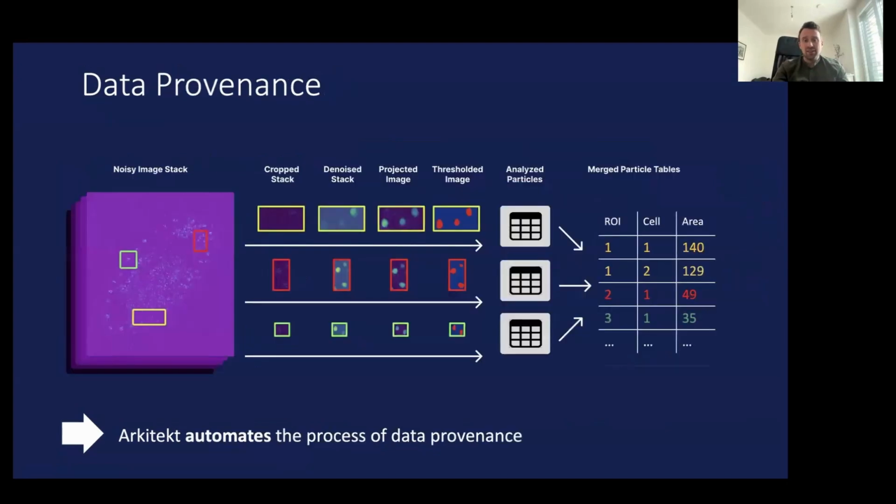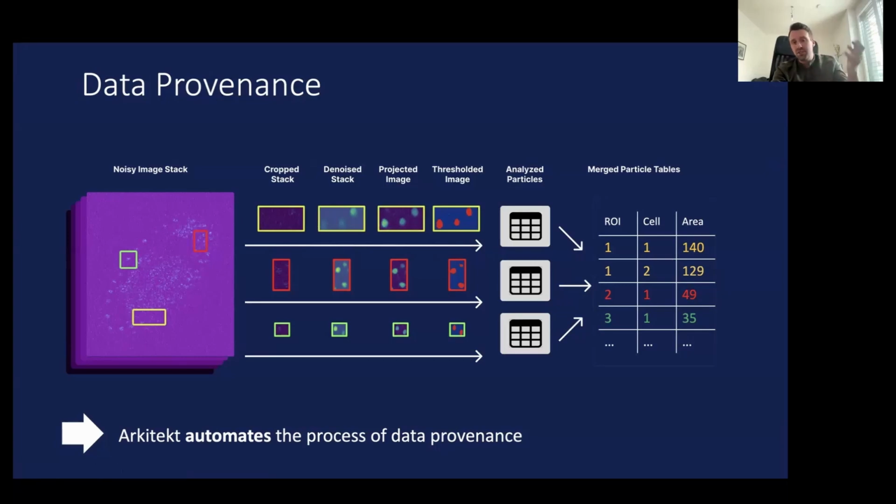And what I feel, and this is a little bit what we just discussed with running a Fiji plugin that does everything, is that it is possible, but what Arkitekt also does is it knows what you did to your image, because it knows what the node will do to your image. So it keeps a record and says, hey, this ROI that I have marked here, I cropped it from the original image. I used the denoiser in CARE, and it knows exactly which CARE version you used at what time with which model.